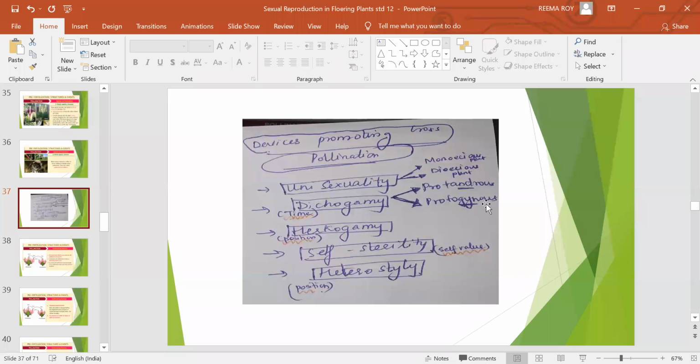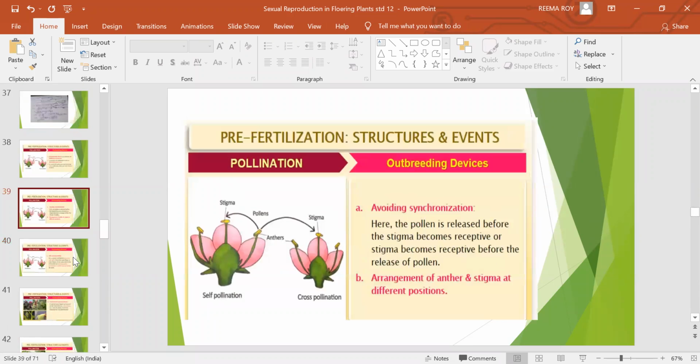And protogynous में क्या है, पहले फीमेल आएगी, थोड़ा लेट मेल आएंगे, तो टाइमिंग का डिफरेंस that is called as dichogamy, ठीक है. And B, arrangement of anther and stigma at different positions.